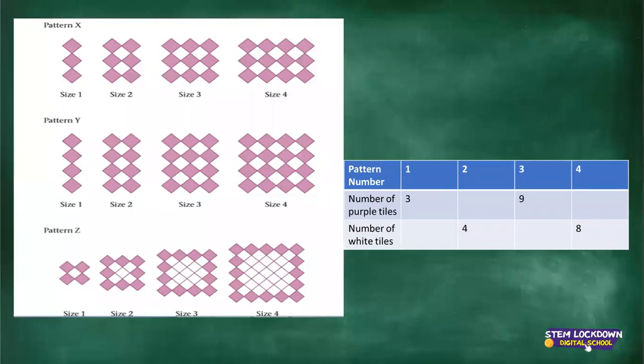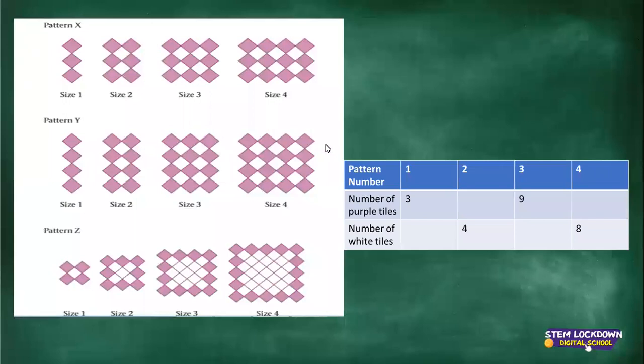Again, if you look at your pattern number, that's the number that you use to multiply or to add. So we agree that we just add 2 on the white tile. We just add the number 2.